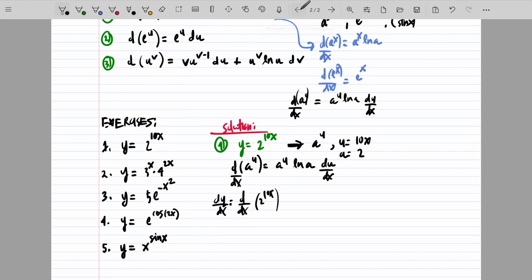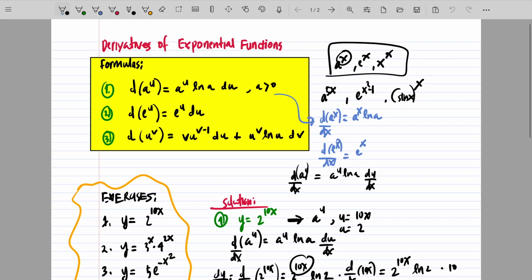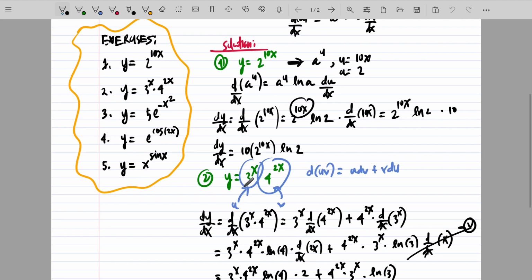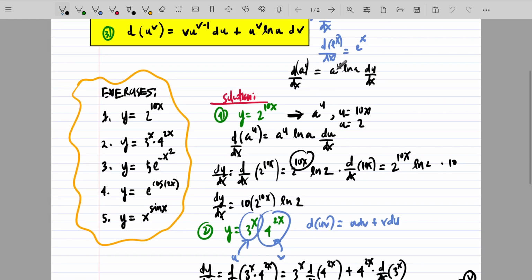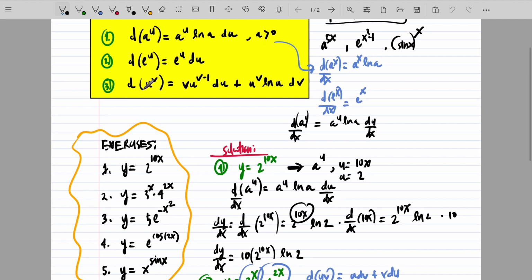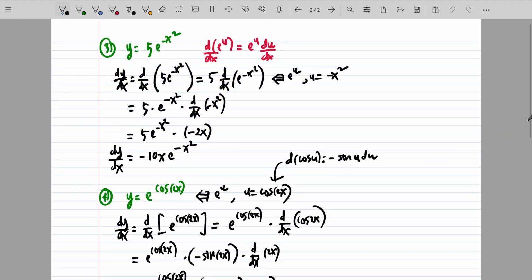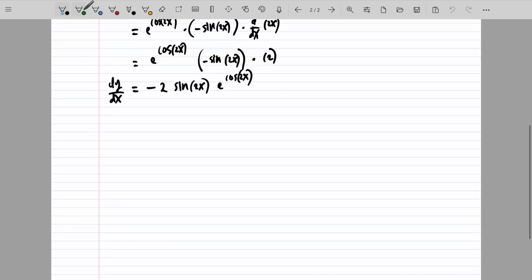So, for our last example is yung x raised to sine x. So, dito parehas tayo function of x. So, ito yung formula number 3. Ayan, ito, guys. X raised to sine x. Okay, so number 5 is y is equal to x raised to sine of x.